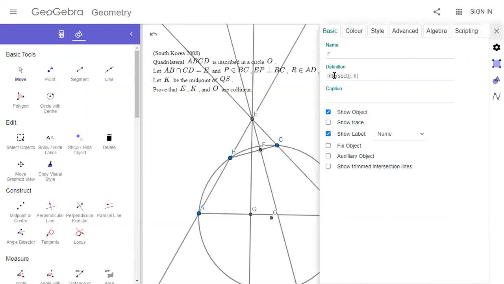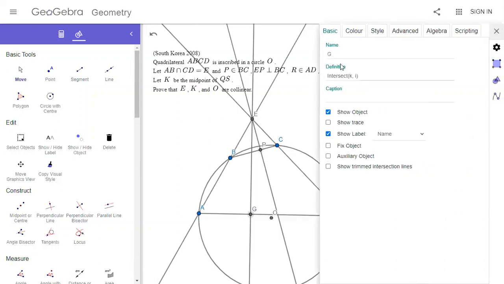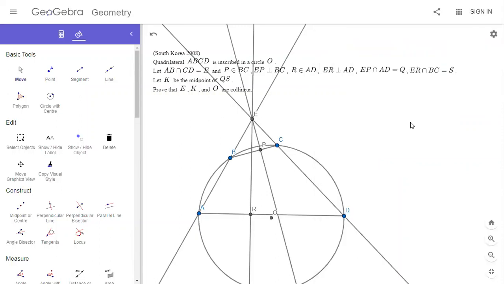So that's P, and the other one's R. So here they skipped Q. Okay. ER is perpendicular. Yeah. EP intersects AD at Q. Okay. So yeah, now I draw the other intersection points.